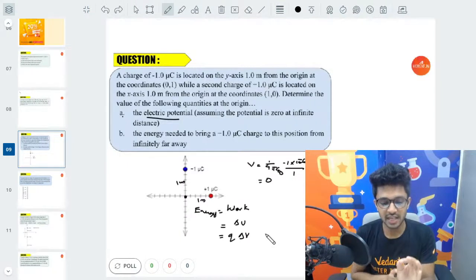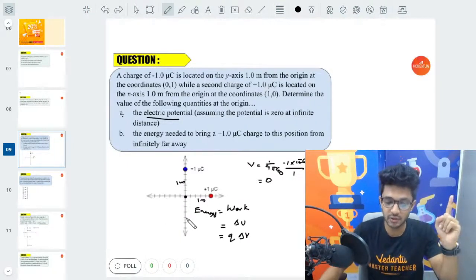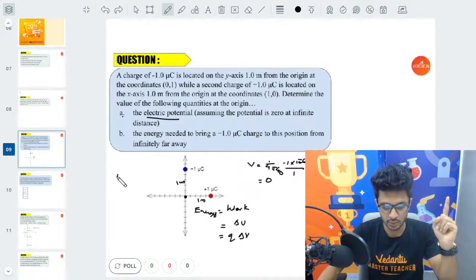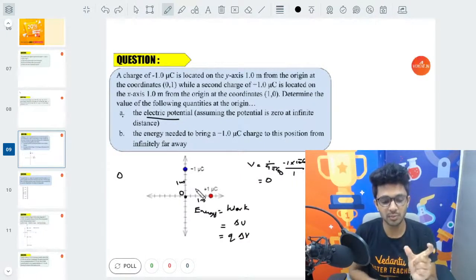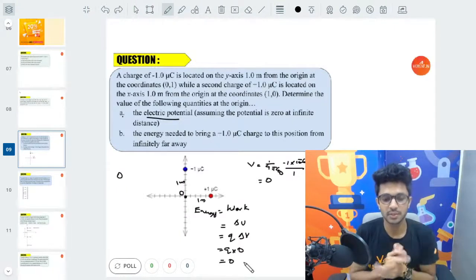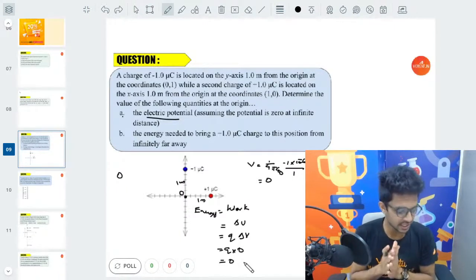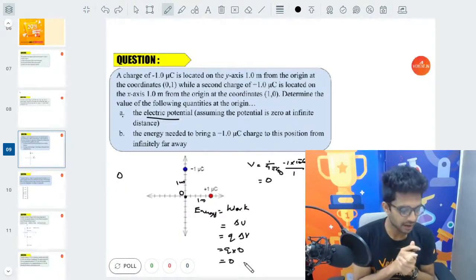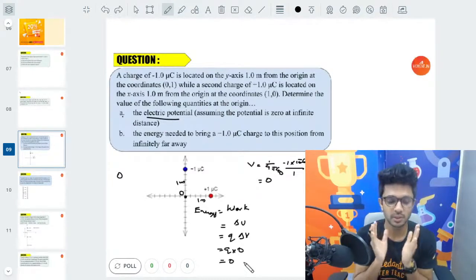So the charge is taken from infinity where the potential is 0, to a point where the potential is 0. So the change in potential is 0 minus 0. So Q into 0 it will become. So the energy required is totally 0 here. Is it clear? I suppose it is super clear.